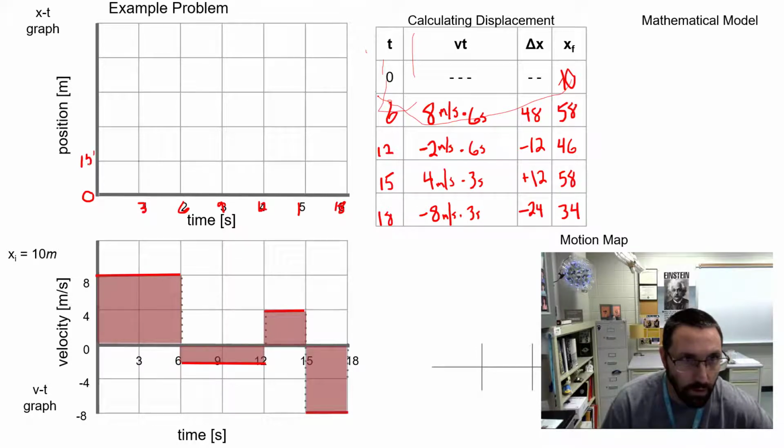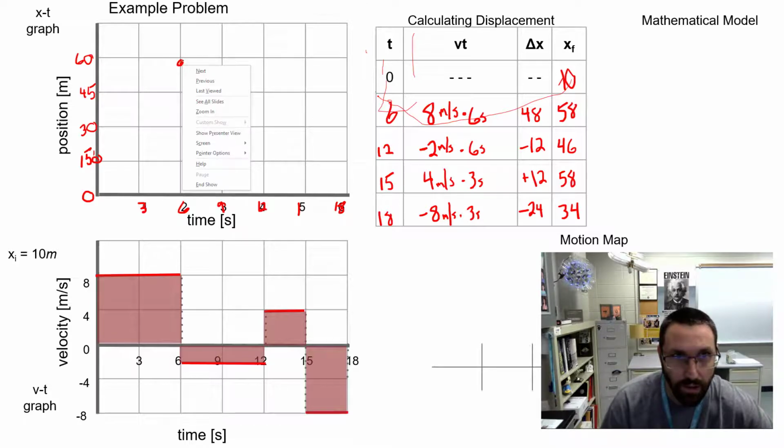So 15, 30, 45, 60. So we started at 10, and then in 6 seconds, we went all the way up to 58, so just under that dot.